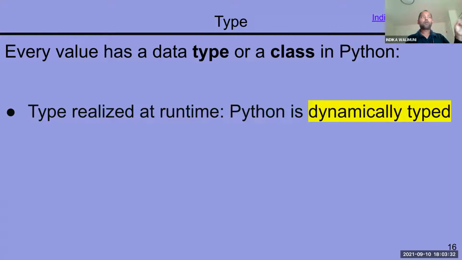Java and C++ both need to declare a type before using a value, but in Python you don't have to. That's why you see less code for type definition in Python. In fact, nothing. You just use the value.